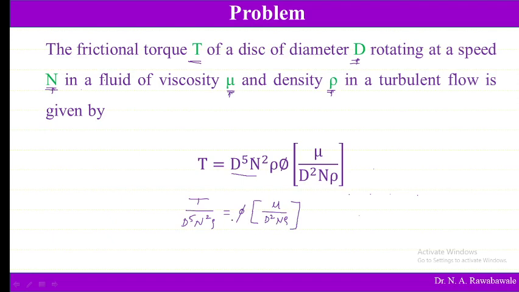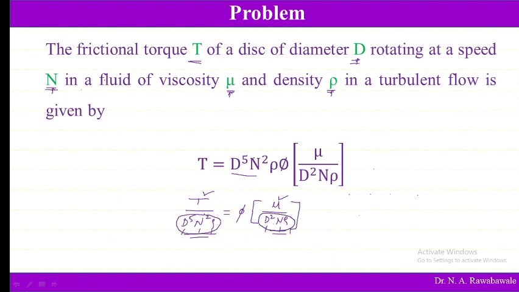Now we see in these two terms, the first term and the second term, what is common is d n rho. Here T is different and mu is different. So that means d n rho has to be taken as the repeating variable. This is the indication from this equation.